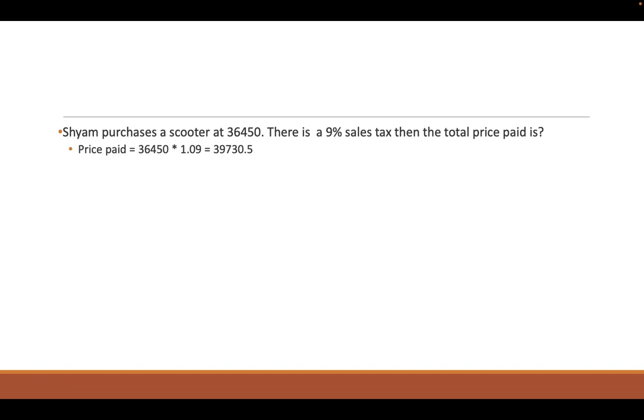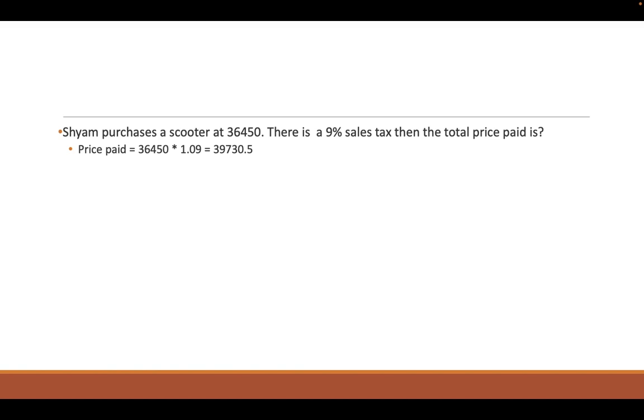It's just saying, if the purchase is of this thing and there is a 9% sales tax also involved, then what would be the purchase amount? So you have a price told to you for the scooter, and then you put the sales tax on it, and that comes to the overall price.